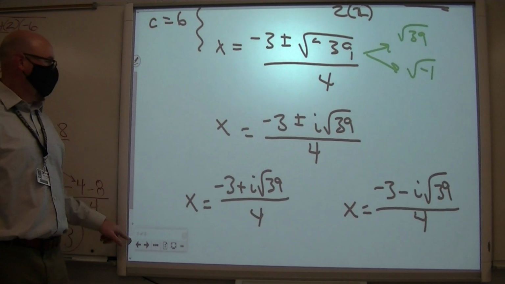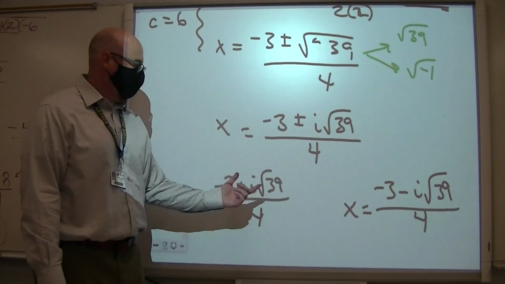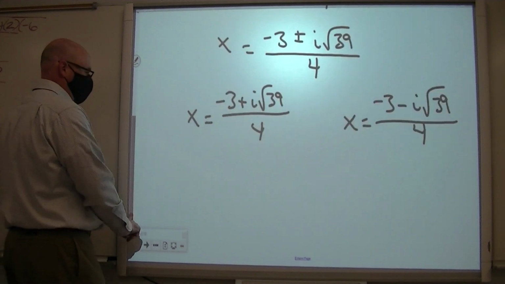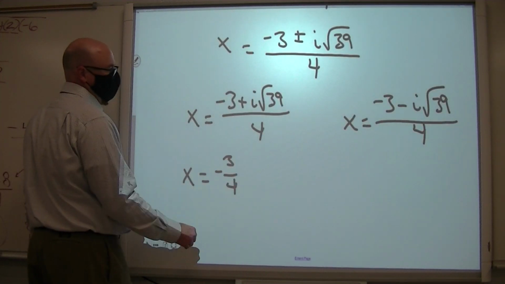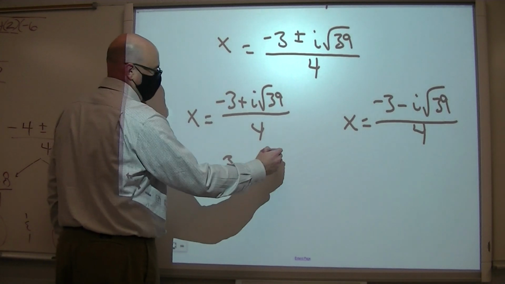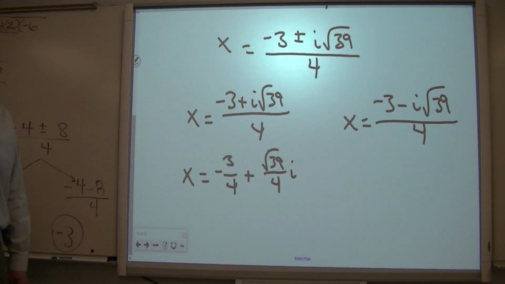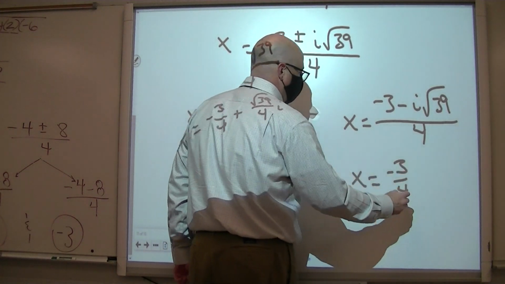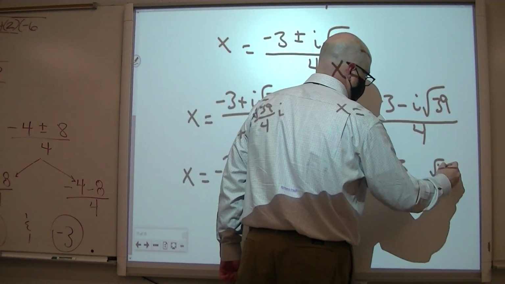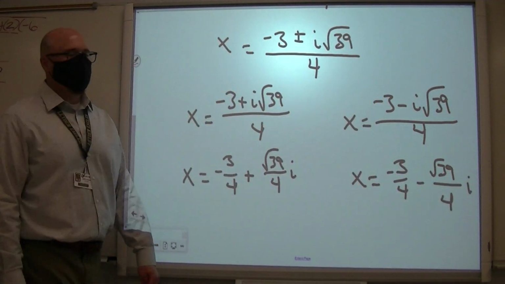So not only did I separate the 2 operations, I also have to separate the number here into 2 separate parts. -3/4 plus 39 over 4 with an i. And then likewise over here. Really horrible stuff. Sometimes that's how it works out.